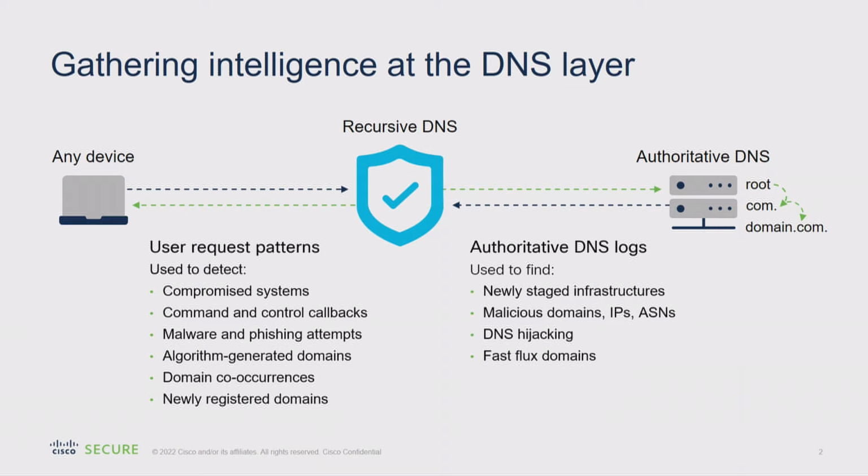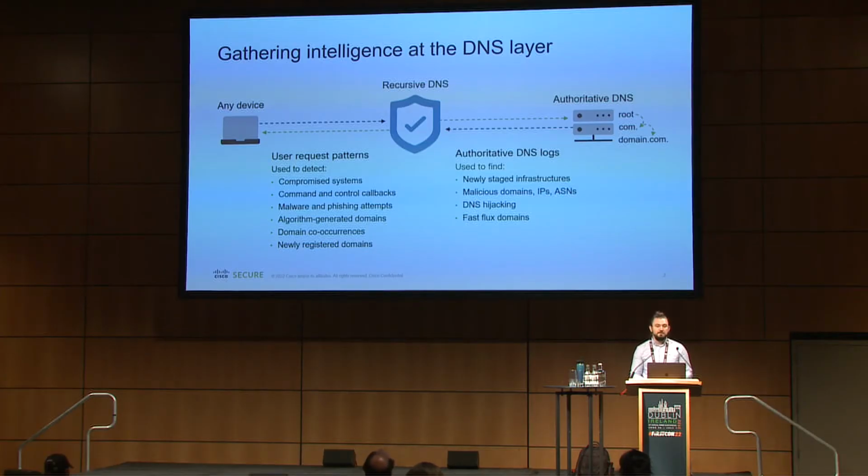With the first data set, we have the opportunity to identify compromised systems, command and control callbacks, and so on. We can also write specific algorithms to identify specific data that we want to identify with our observations. With the second data set, we can get insights into newly staged malicious infrastructures and the malicious components that actors use to attack the networks.